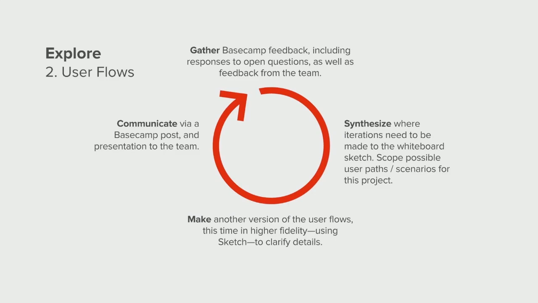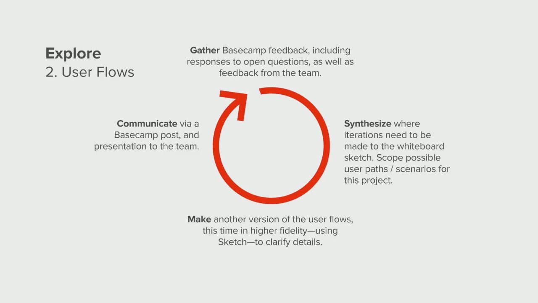They were going to synthesize where iterations need to be made to the whiteboard sketch. They were going to scope possible user paths and scenarios for the project. They were going to make another version of the user flows in higher fidelity using Sketch to clarify details. They were going to communicate via a Basecamp post and do a presentation to the team. So that's part of their design process.